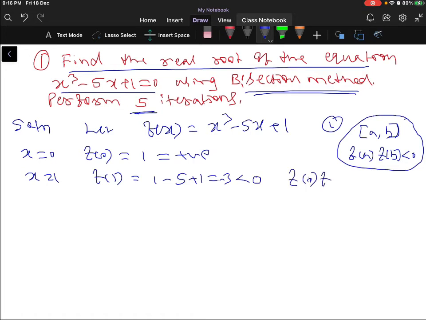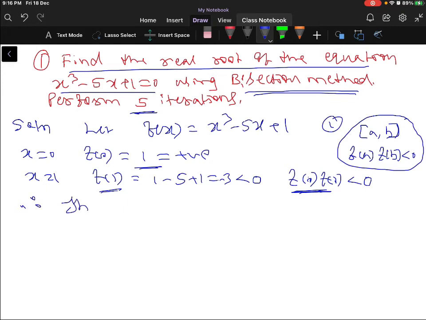So f(0) is positive and f(1) is negative. Therefore the product of f(0) and f(1) is negative.